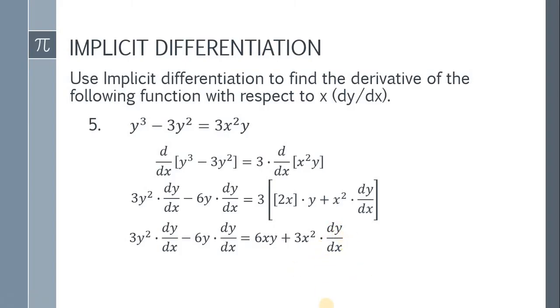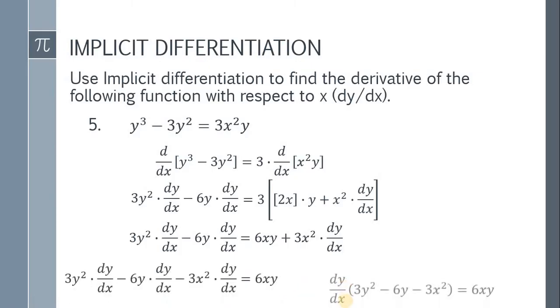Next step natin, lipat natin yung 3x squared times dy over dx sa kabilang side. And then, ipa-factor out natin yung dy over dx. Now, factor out natin yung dy over dx and we get dy over dx multiplied by 3y squared minus 6y minus 3x squared is equal to 6xy. Next, divide natin both sides by 3y squared minus 6y minus 3x squared.